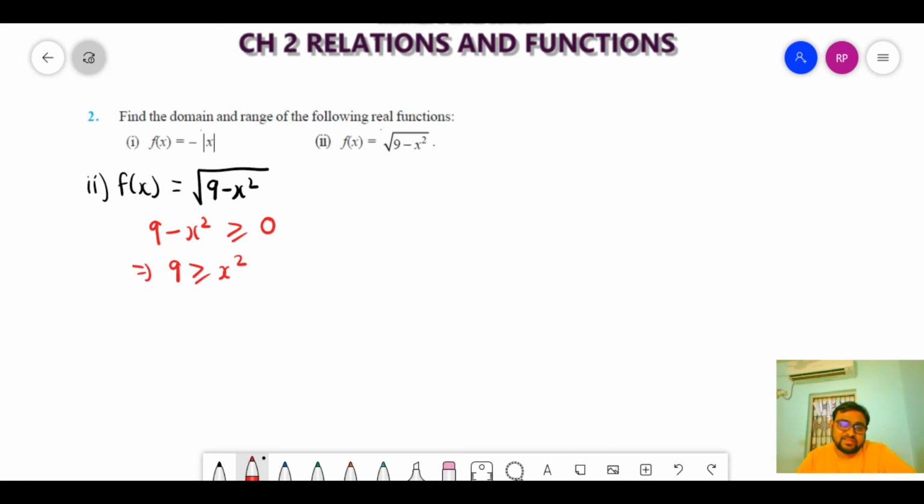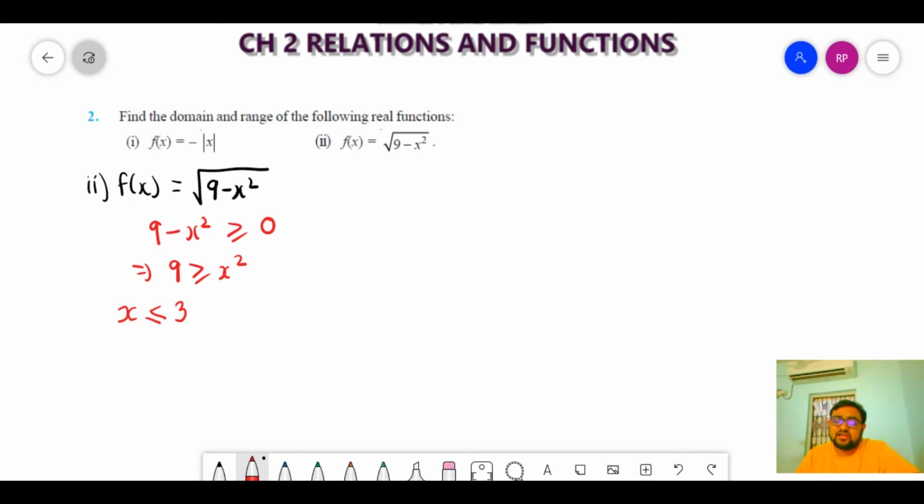Now we know that 3 squared is equal to 9 and minus 3 squared is equal to 9. Any number greater than 3 will have a square value greater than 9. So that means the value of x must be less than or equal to 3, right? On the other side, if the value of x is less than minus 3, let's take minus 4, then it will be 16. Again, it will be greater than 9.